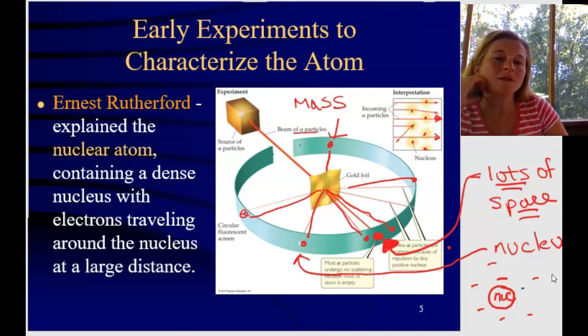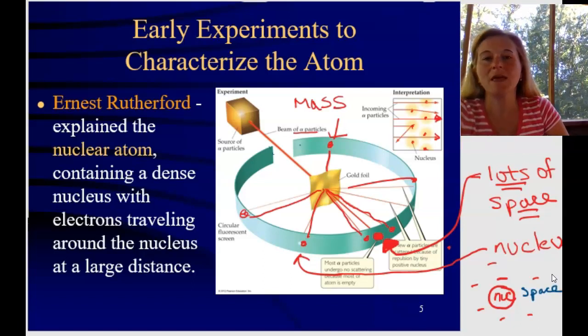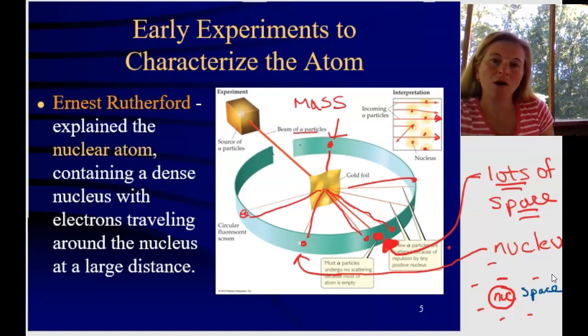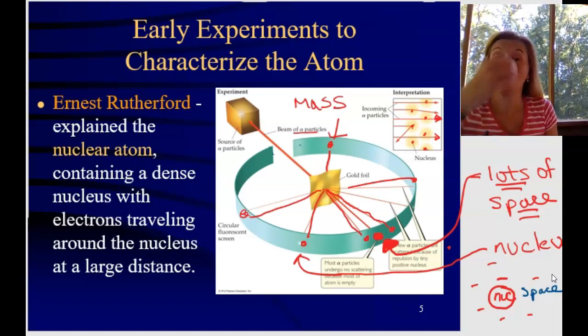And that was a novel idea back then, because even though they knew atoms were making up matter, they thought these atoms were compressed together. You know, I hit this table and it's hard. My fist doesn't go through it. So they thought that those atoms were solid, but they are not. There's space between them.